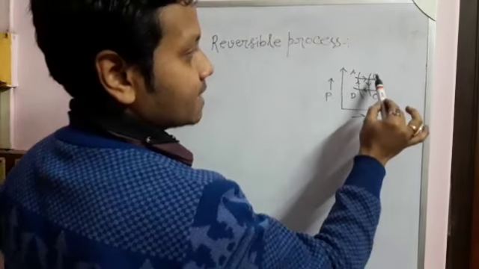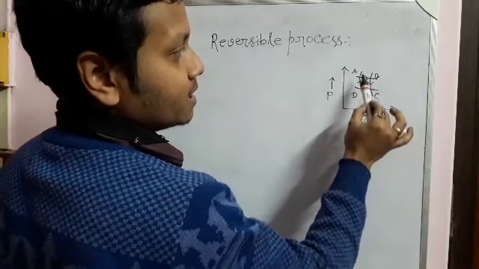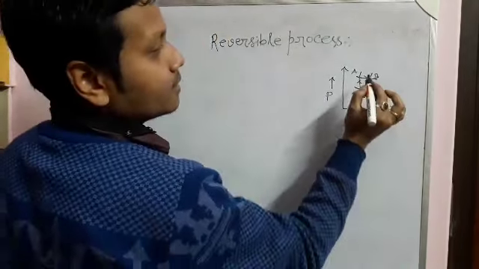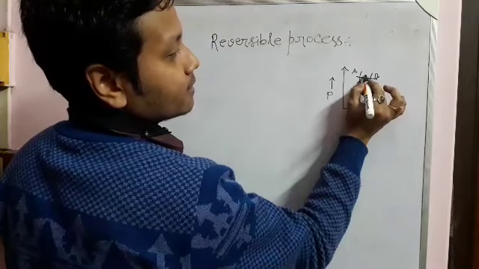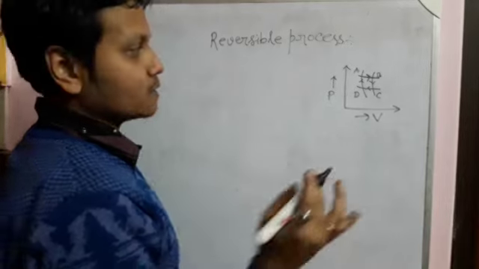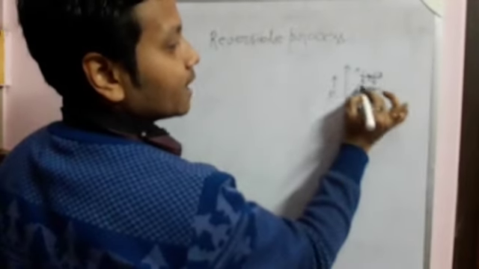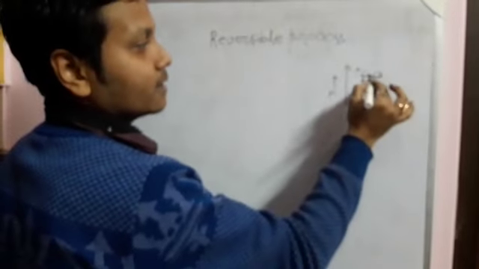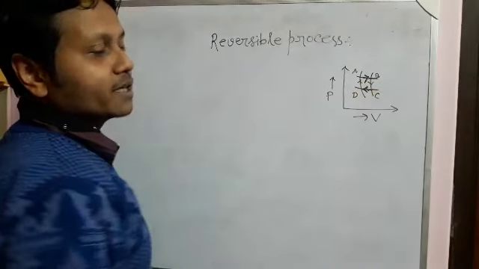Along BC there is an adiabatic expansion, and along DA there is an adiabatic compression. So just see the picture. In the isothermal expansion the heat is absorbed from the source, in the isothermal compression the heat is rejected to the sink, and that can be retraced in the opposite direction.